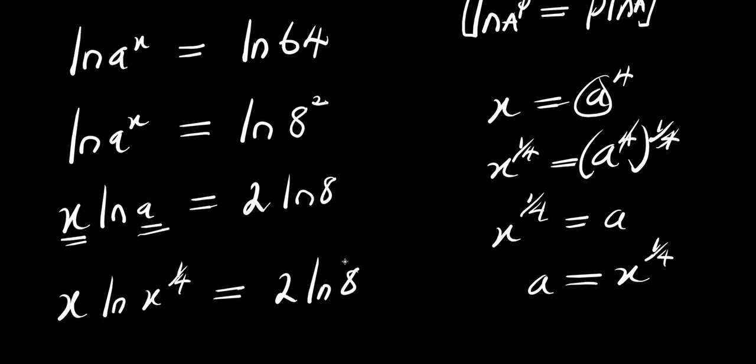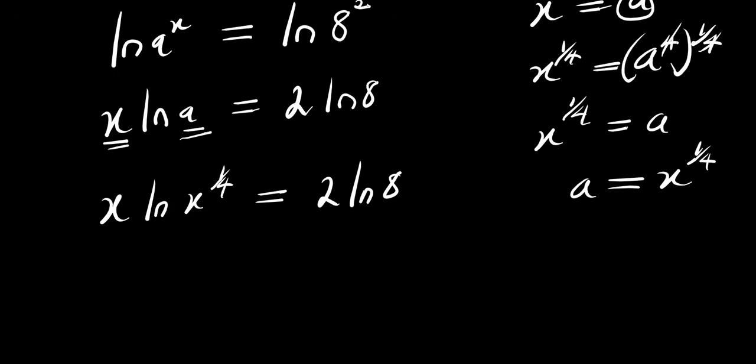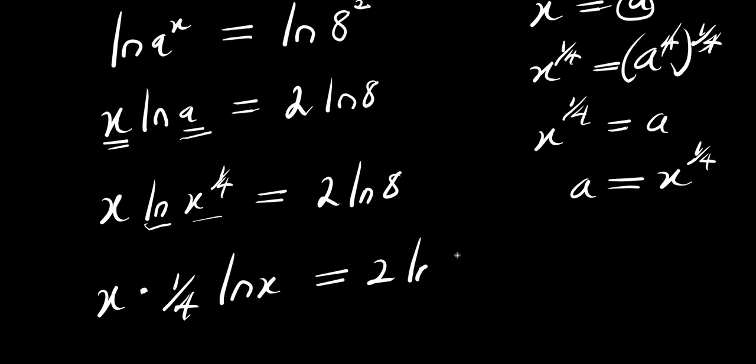Now, let's get back right here. We have natural log of a power p equals p times natural log of a, meaning natural log of x power 1 over 4 is the same thing as x times 1 over 4 of natural log of x equals 2 times natural log of 8.